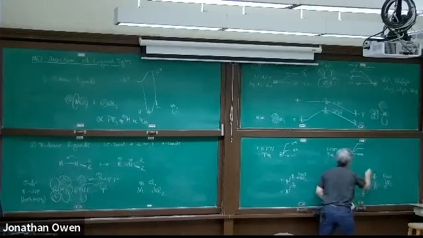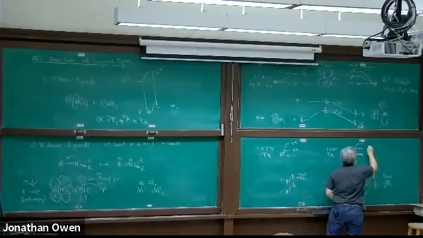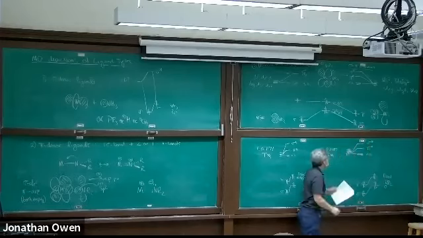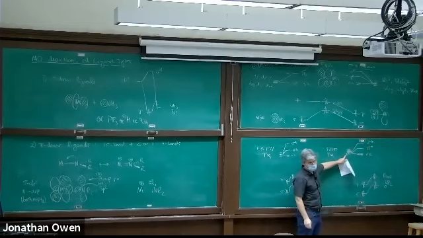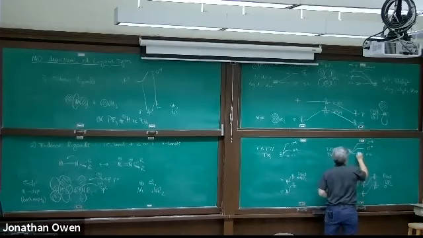Sigma pi, non-bonding, pi star again, sigma star again. But now we have to add these electrons. And I've chosen 8 electrons.